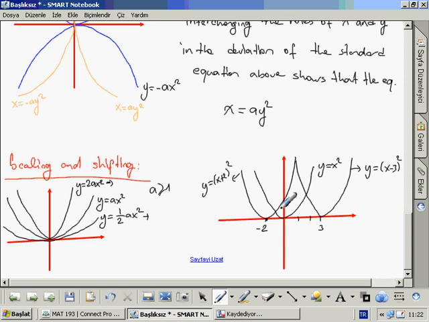When you shift it down by 1, you will obtain a parabola with the point minus 1, and its formula will be y equals x squared minus 1.